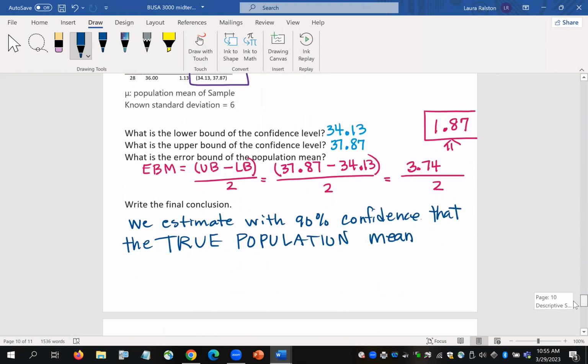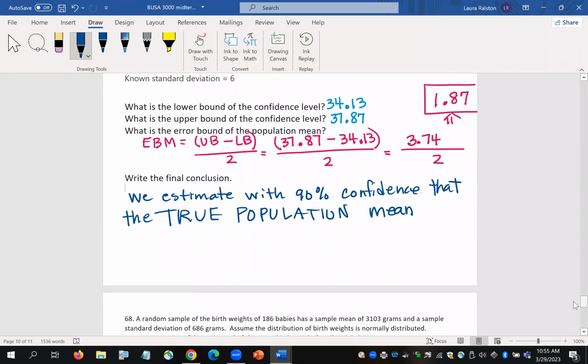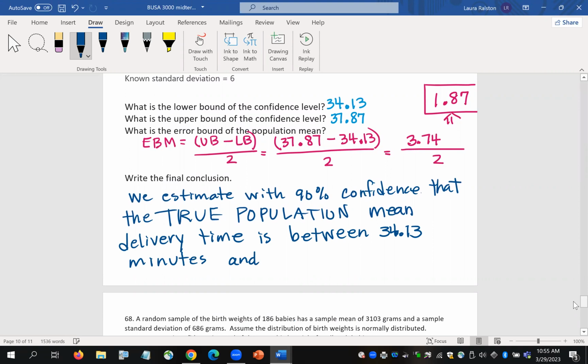Mean delivery times is between 34.13 minutes and 37.87 minutes.